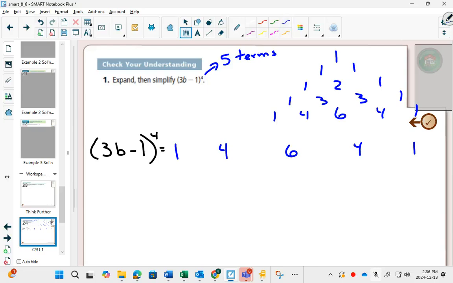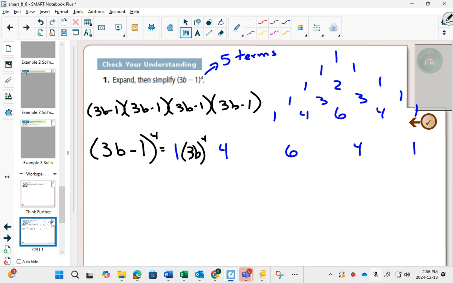Again, if I think of 3b minus 1 times 3b minus 1 times 3b minus 1 times 3b minus 1, does it make sense that your first one is going to be 3b, 3b, 3b, 3b? It's going to give you 3b to the 4.